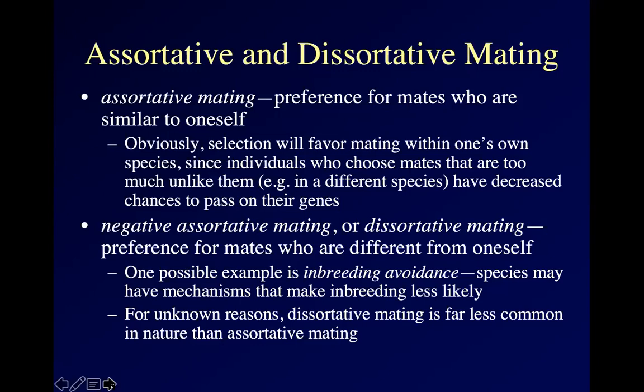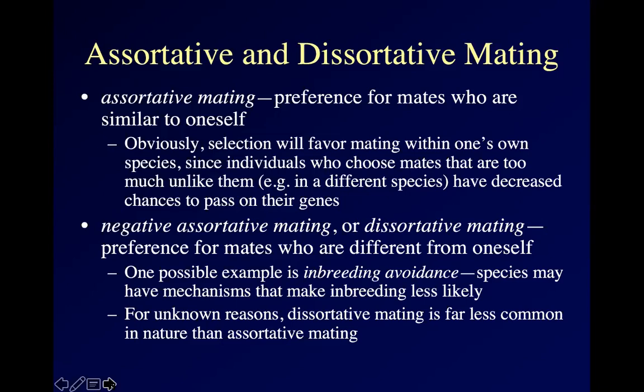If you are in a population and you don't have a strong preference for your own species, you might mate with a different species, and in that case, you don't pass your genes on, because by the definition we commonly use, species can't interbreed. Although, as we'll see, that's a fuzzy definition, but we'll get to that after break.